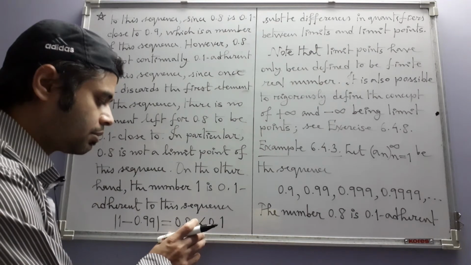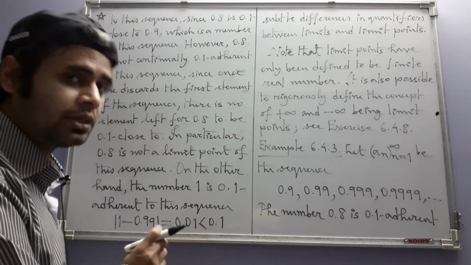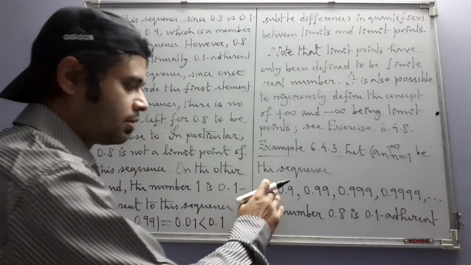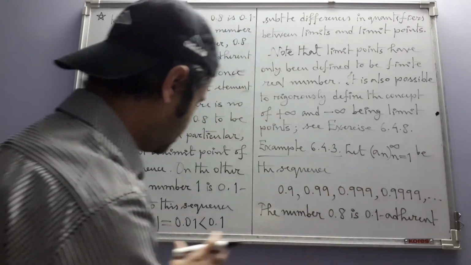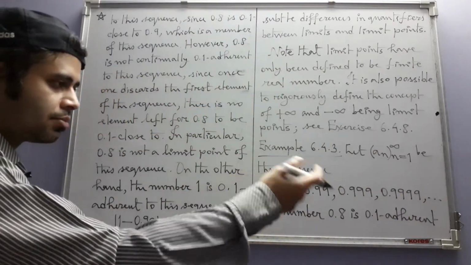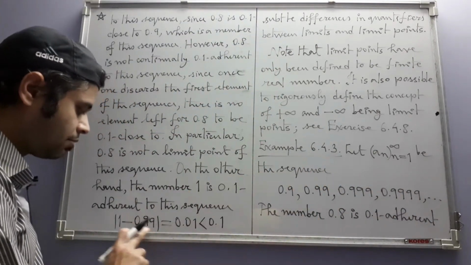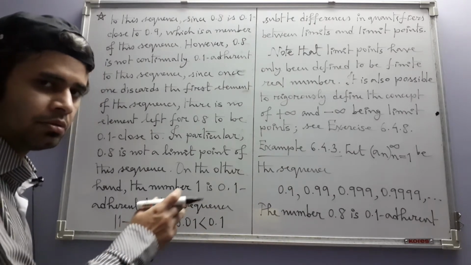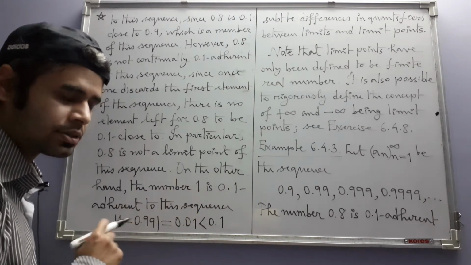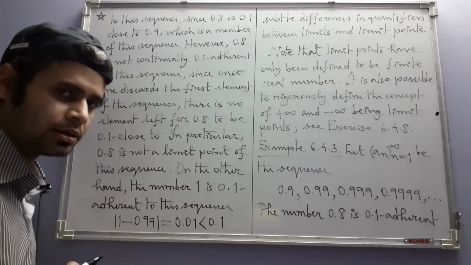So you are in a more convenient position. The more terms you remove, the difference between the remaining terms and 1 becomes lesser and lesser.